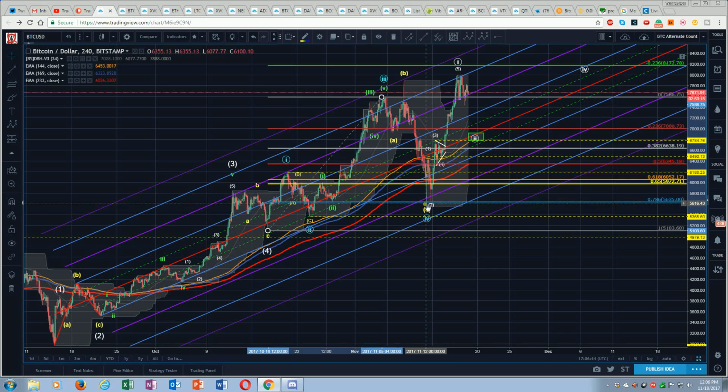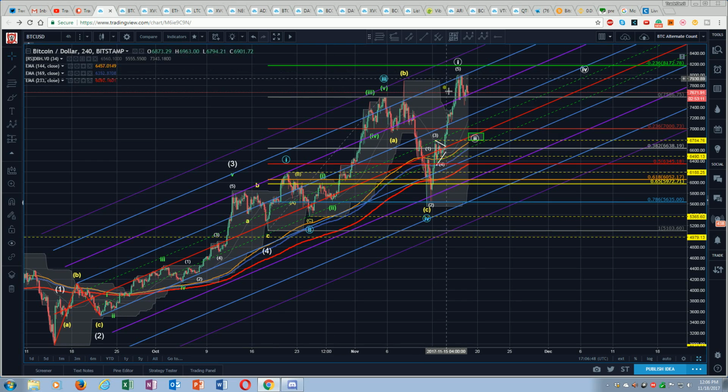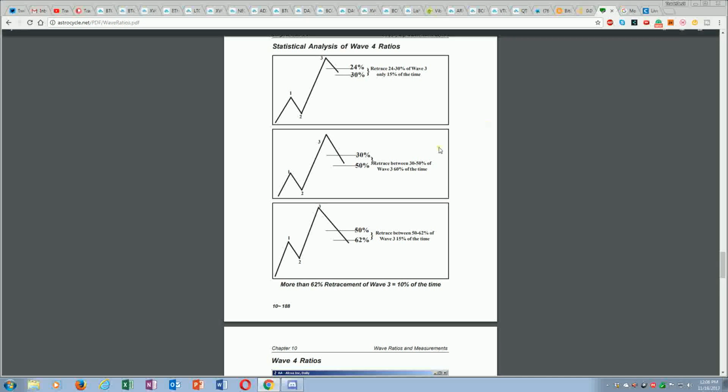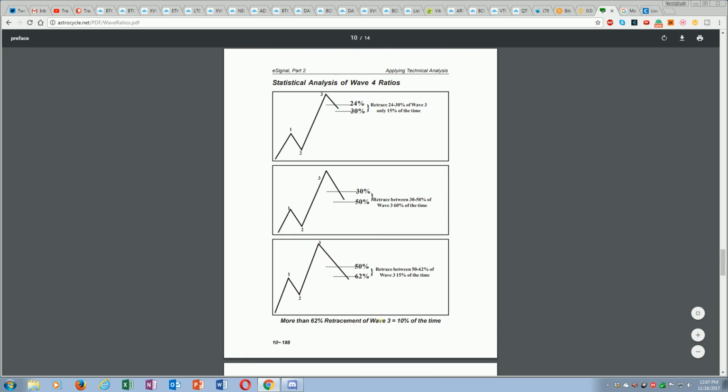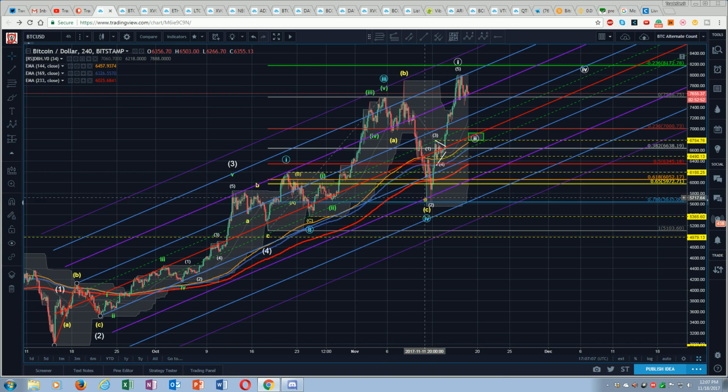But essentially, the second time we came down and tried it, we hit it right to the tick. So it doesn't disqualify the count. It's not out of the statistical analysis. We can see here that 10% of wave fours will go beyond the 62%, so it's not unheard of to go to the 786. It's unusual, only 10% of the time, but it still fits. We can make that work.